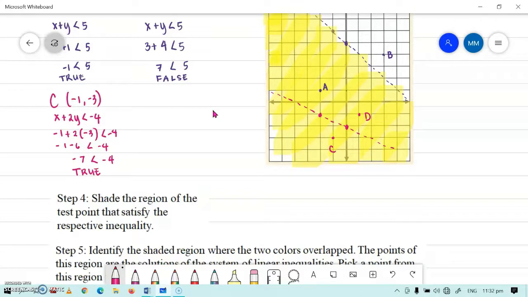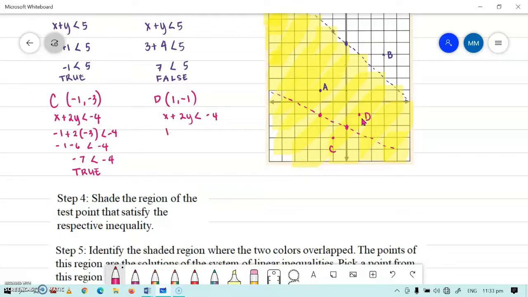Now let's test point D. For test point D, the coordinates are 1 and negative 1. So still using our second inequality, x plus 2y is less than negative 4.